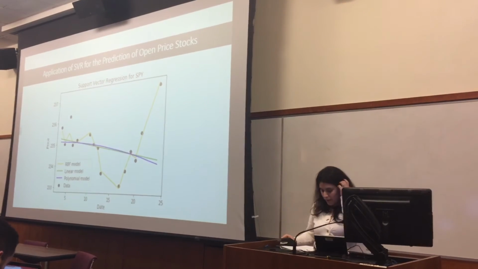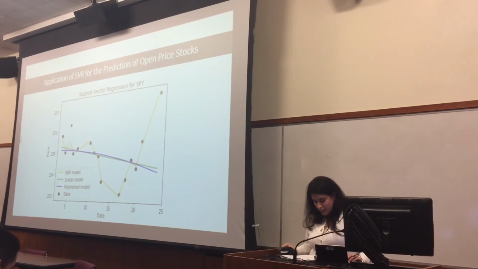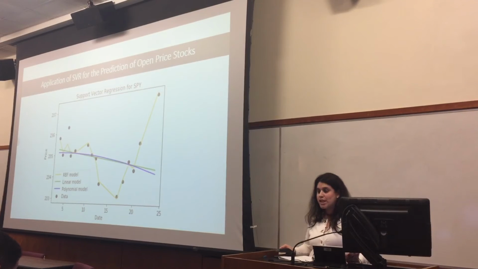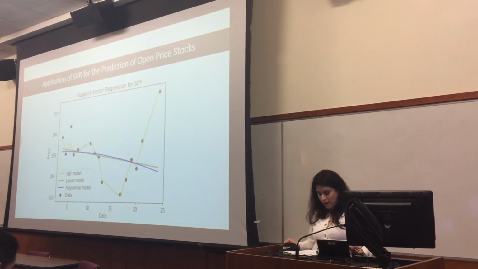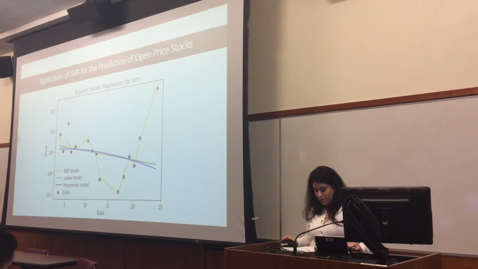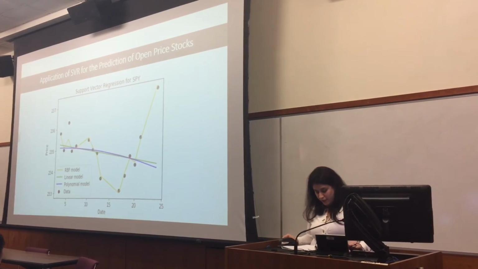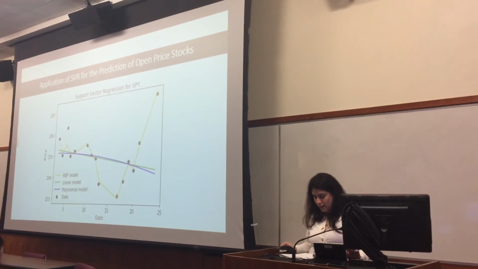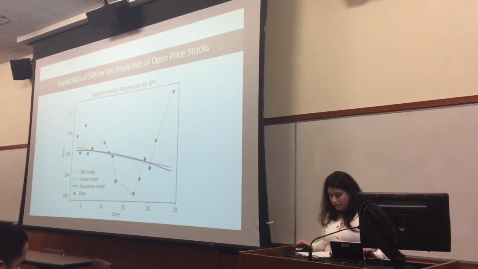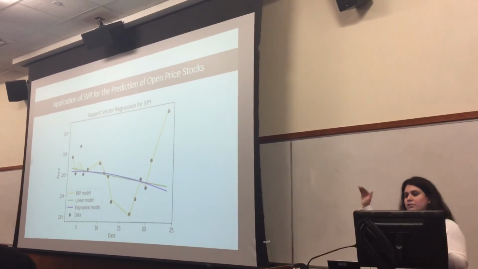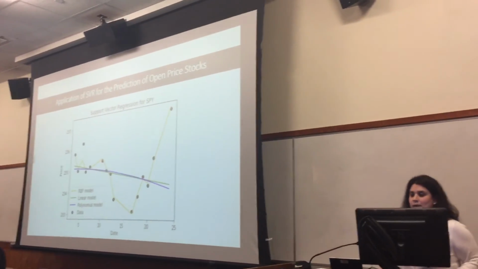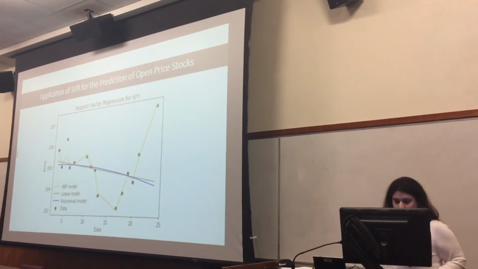And for this, we came out with the predicted opening price for today, April 25th, would be 233 with the RBF kernel, 234 with the linear kernel, and 233.89 using the polynomial kernel. And we included the plot for everybody to see the difference between these types of kernels.